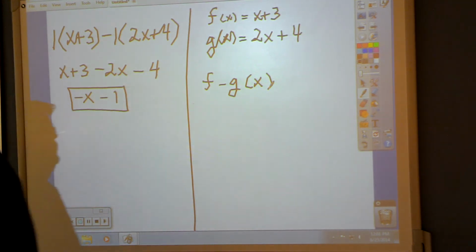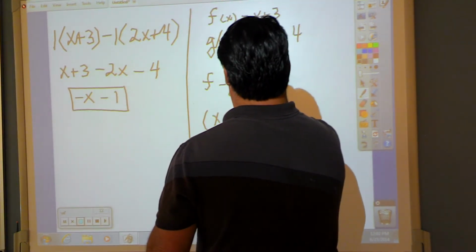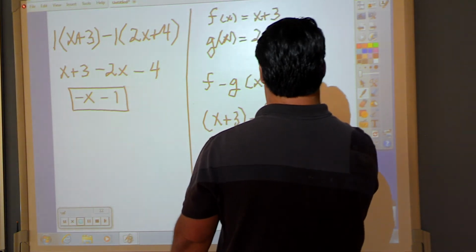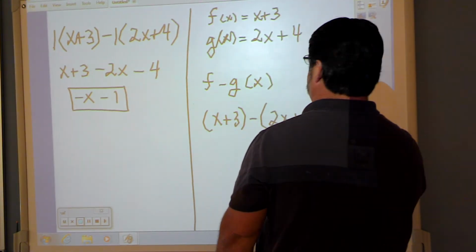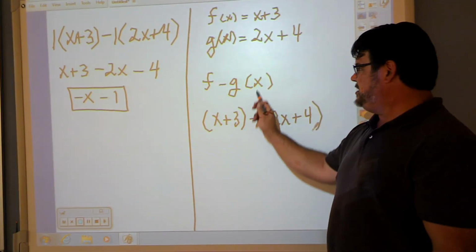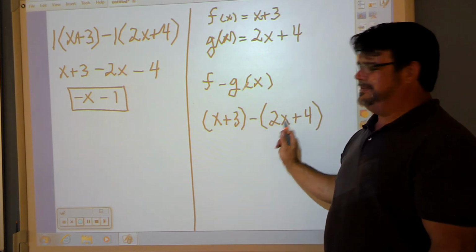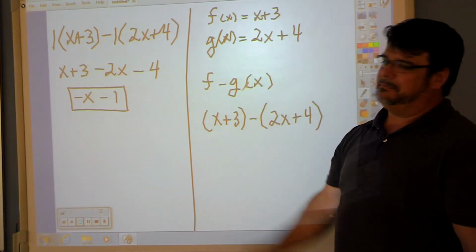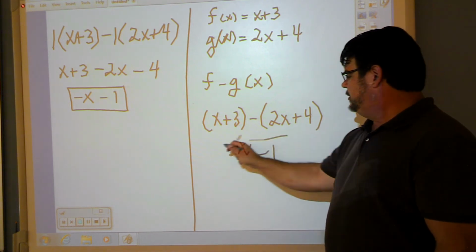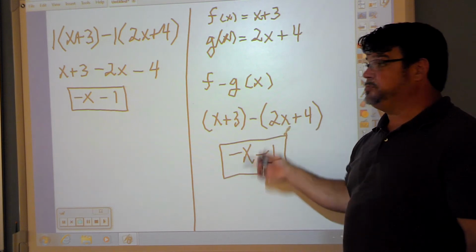You just do x plus 3 minus 2x plus 4. And 90% of algebra students know how to do this. They see this and they don't know what that means. It's this, which is that right there. So negative x minus 1. And hold your pinky up while you do it, because that's the only difference between these two.